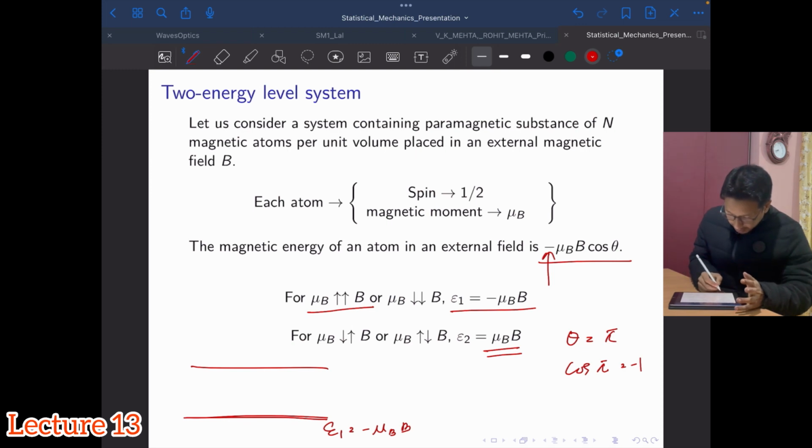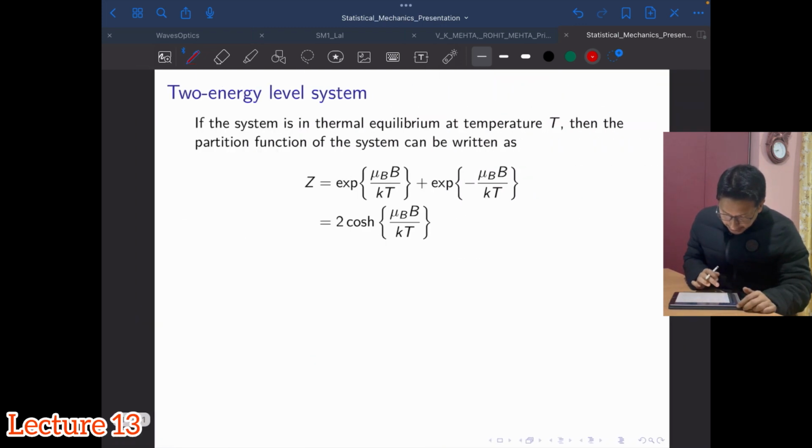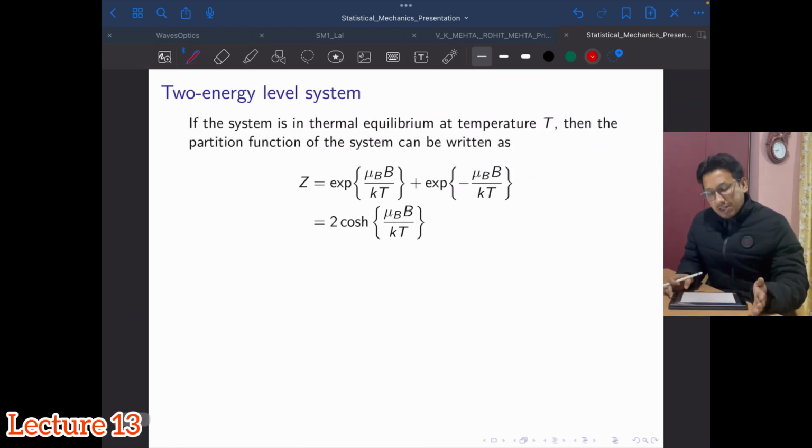Whereas the high energy state, E2, which is mu b B, has higher energy, and here the atoms are anti-parallel to the applied magnetic field.